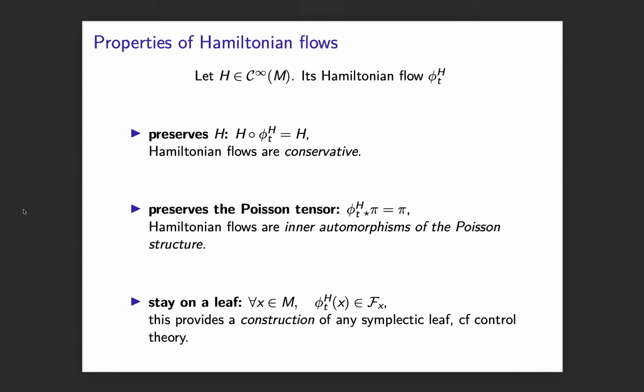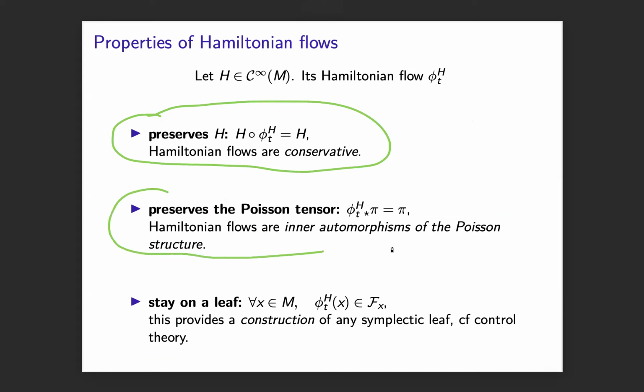So we have seen one property of Hamiltonian flows already: the fact that H is a first integral of itself. We also have seen that Hamiltonian flows are inner automorphisms of the Poisson structure.